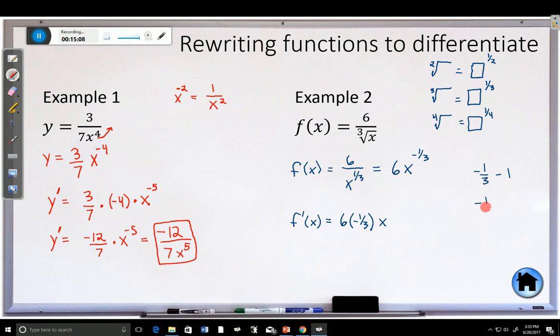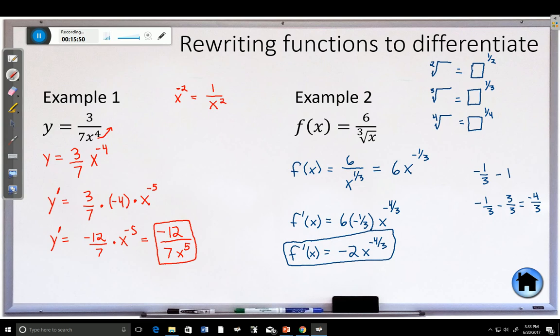Well, remember we need a common denominator. 3/3. So we're subtracting off 3/3, which gives us negative 4/3. And if you would like to simplify that, 6 times negative 1/3 is negative 2. There we go.